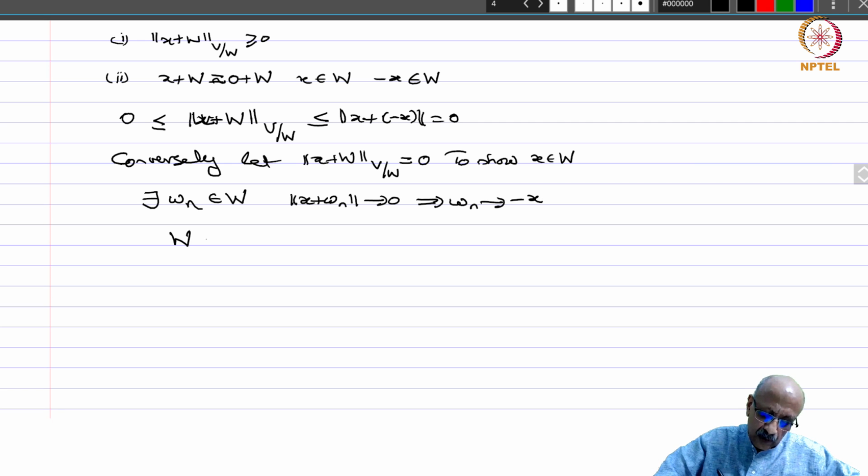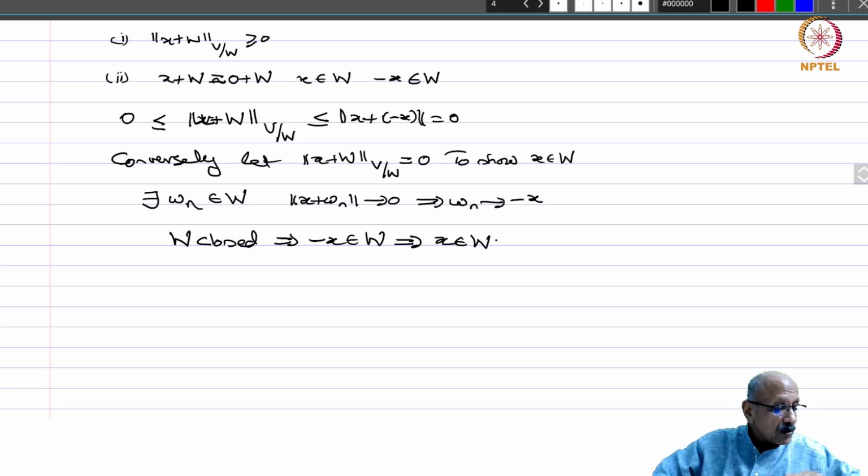Now W is closed, so this is where the hypothesis closed is important. So this implies that minus x belongs to W, and this implies that x also belongs to W, and therefore we are through. Now we want to show the third property.